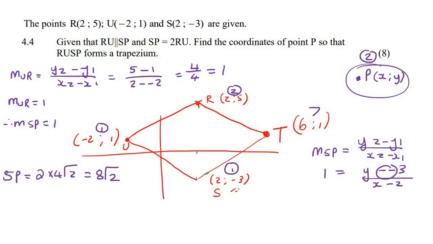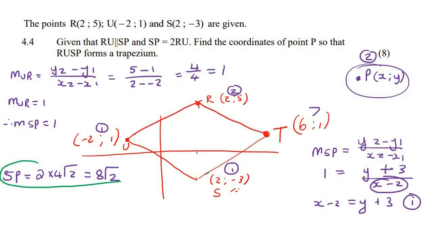Now a minus and a minus is a plus. Okay, and so I'm going to take this x minus 2 over to the other side where you multiply it with the 1. So it becomes x minus 2 equals y plus 3. So there's an equation. Let's just leave that equation like that for now. Let's call that equation number 1.